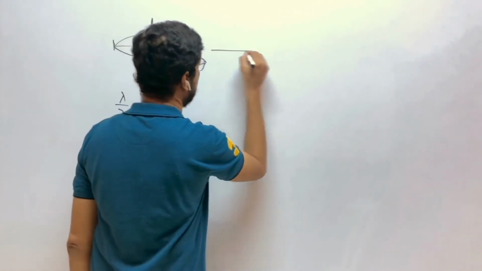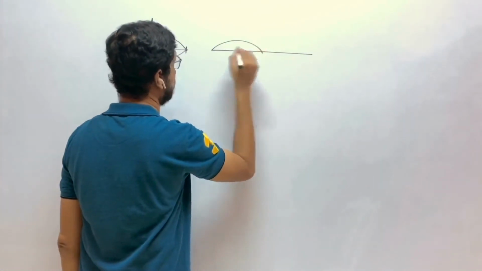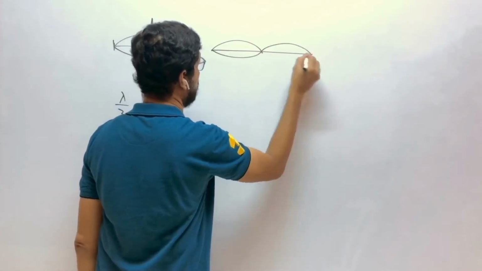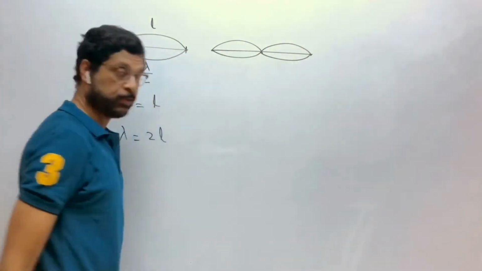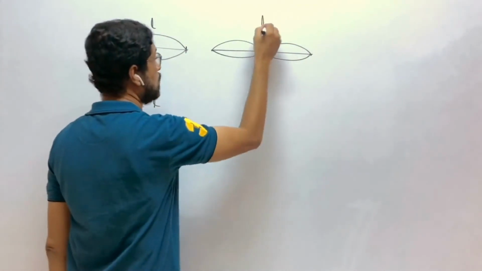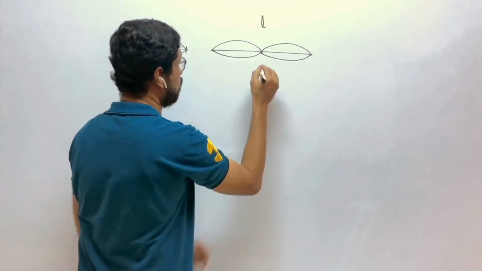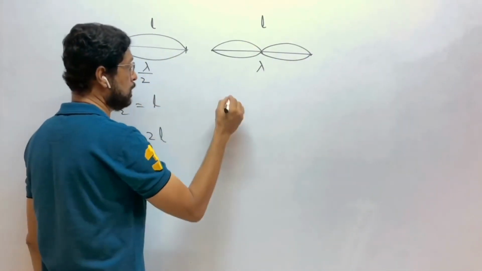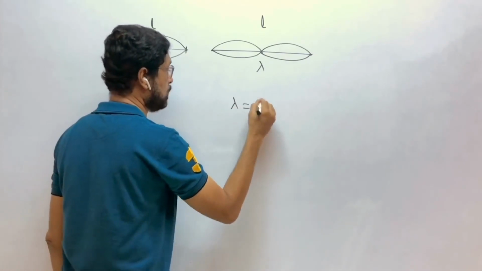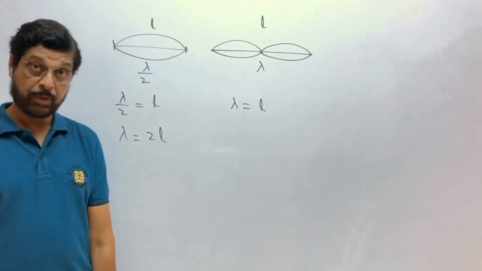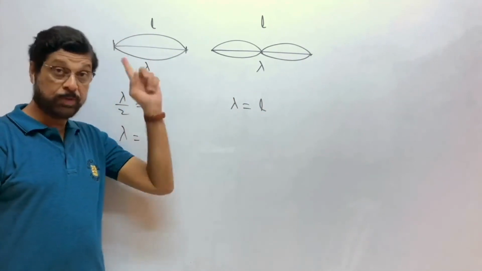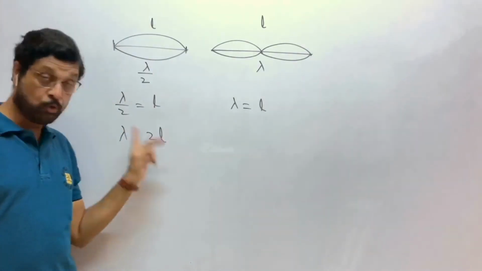If you consider second harmonic, means formation of two loops, this length is L. In terms of lambda, it is lambda. Means in this case, lambda is equal to L. When one loop is formed, wavelength is 2L.